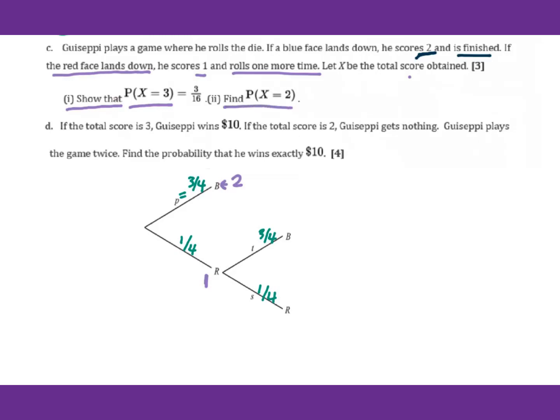And then find the probability X equals 2. We know this will be the 2. And here's 1. So this line, basically you got the X equals 2. This line, you will get the X equals 3. This line, you got the X equals 2. Therefore, for probability that X equals 3, you have to go to this line.